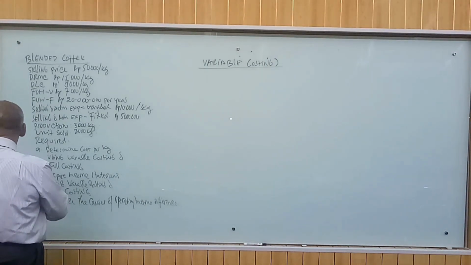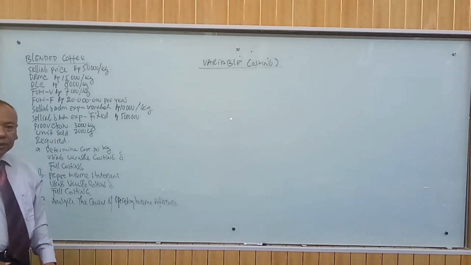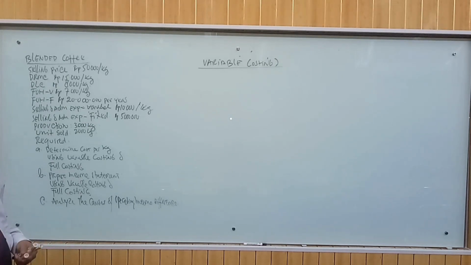The production is 3,000 kg, and units sold are 2,000 kg. So it means that the units produced are greater than the units sold. We produce 3,000 and we sell only 2,000. It means that we have finished goods on hand of 1,000 kg.